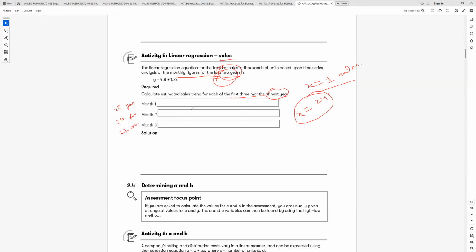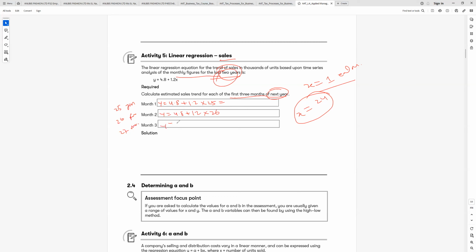So we will have Y equal 4.8 plus 1.2 multiply by 25, the first one. And the next one will be Y equal 4.8 plus 1.2 multiply 26.